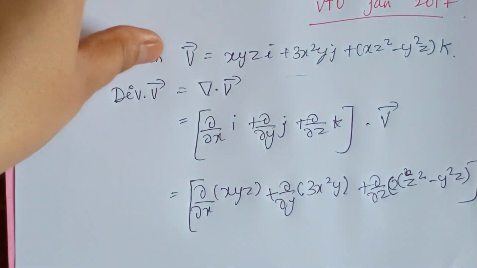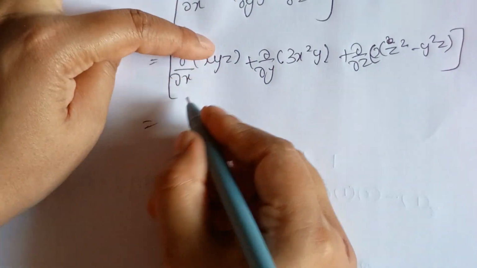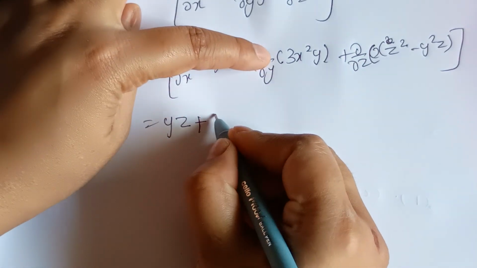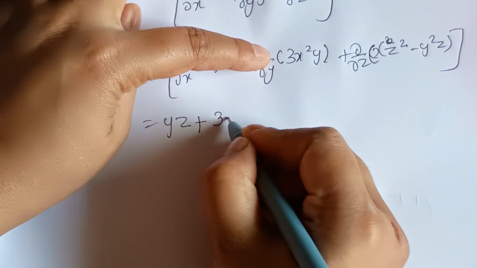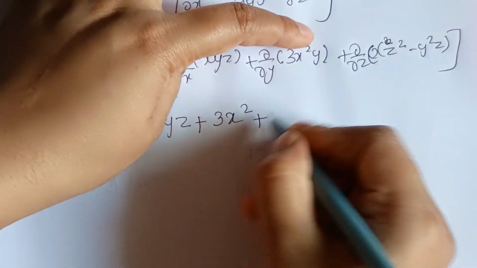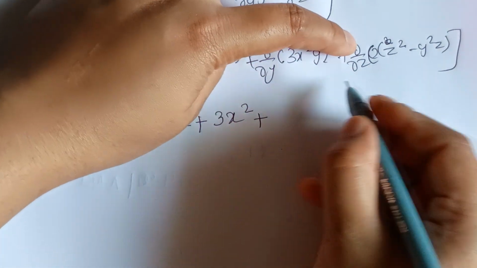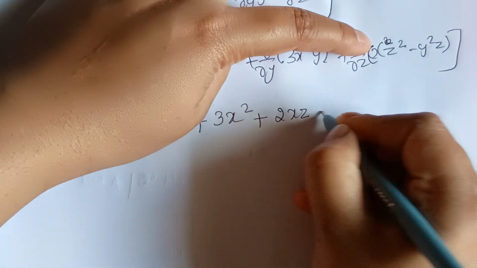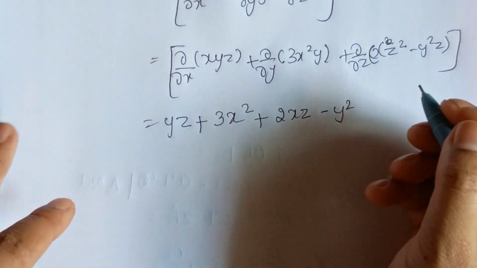Now differentiating partially with respect to x, we get yz, plus differentiating partially with respect to y, just 3x², plus differentiating partially with respect to z, 2xz minus y².